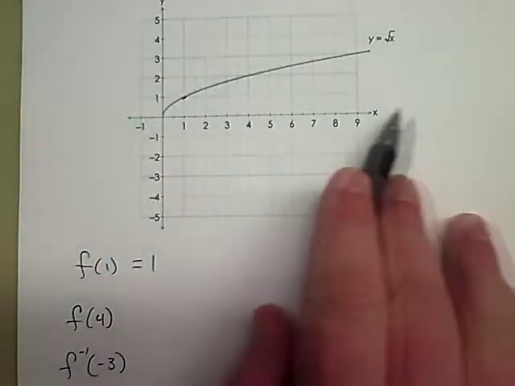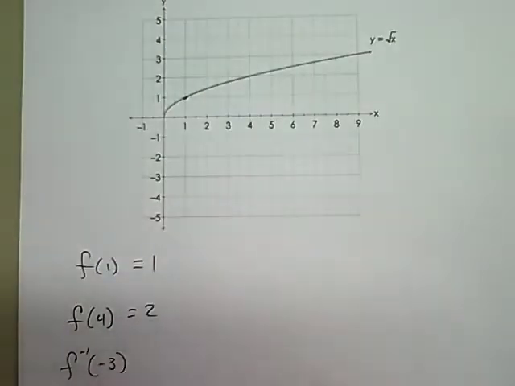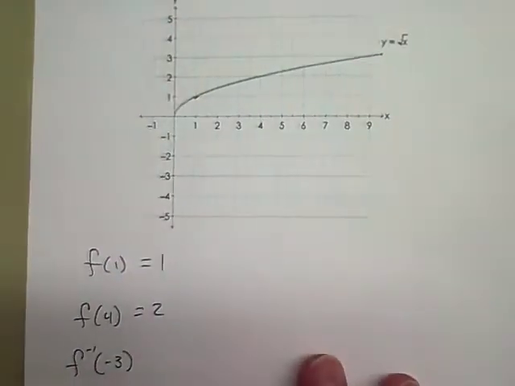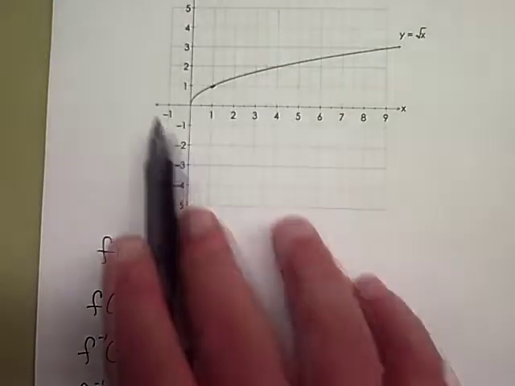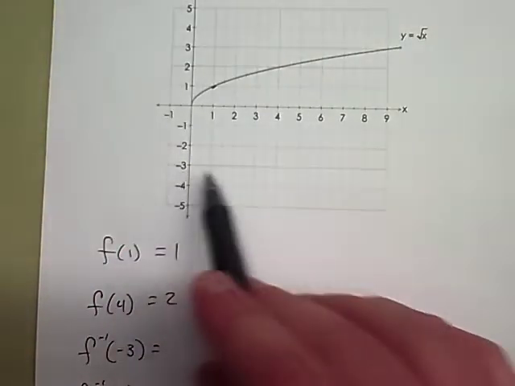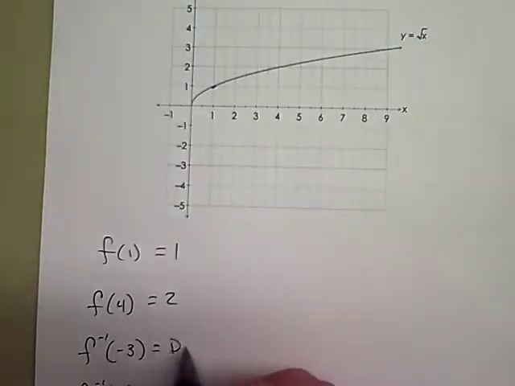And when x equals 4, my y value is a 2. Now, what about f inverse of -3? For these next three, you got to think switch. I got to switch them around. So the inverse of -3, well, there is no -3 on the y-axis, so this does not exist.